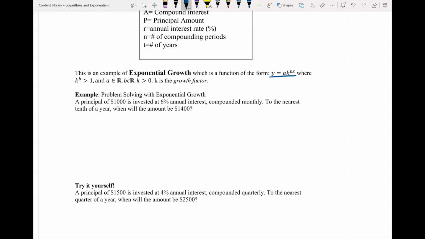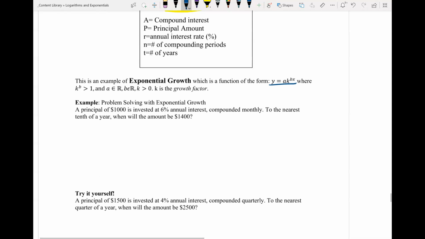With these type of questions, I do suggest you write down all the information you know on the side. It helps you organize your information, and it's also easier for you to put this back into the formula afterwards. So our principal amount is given to us over here. It's $1,000.